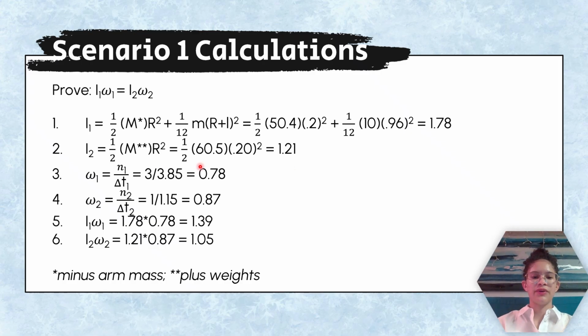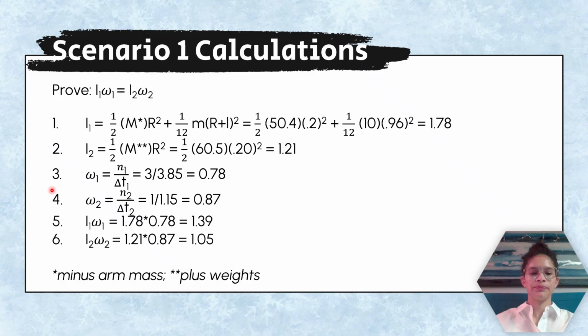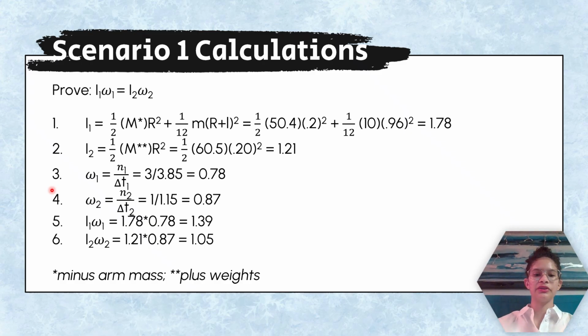To find the first angular velocity with the arms out, you take the number of revolutions, with that being 3, over the amount of time, 3.85 seconds, to get 0.78, and then same process with the second angular velocity, to get 0.87, and we're going to try and see if they're equal, right?